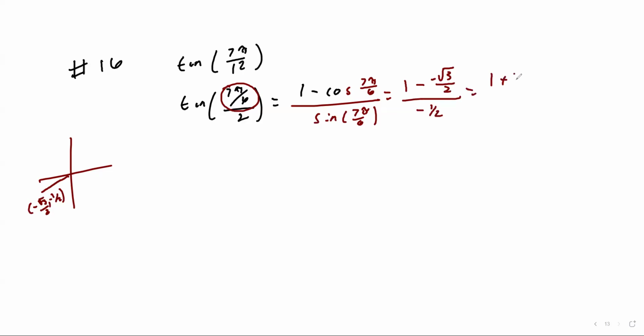We get 1 plus square root 3 over 2 over 1 over 2. And again, what I'm going to do is multiply both sides, top and bottom, by 2. And when I do that, I get 2 plus the square root of 3 because they cancel, divided by 1, so 2 plus the square root of 3 as my final answer.